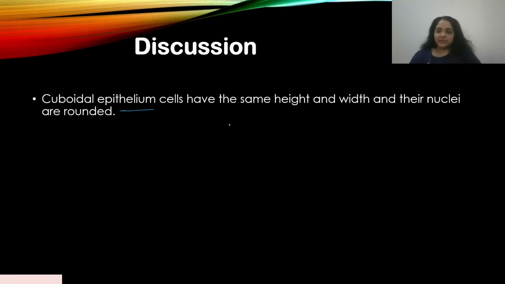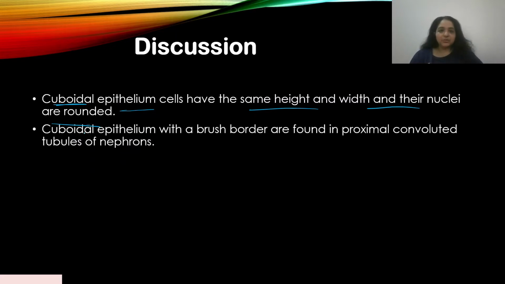So cuboidal epithelium cells have the same height and width, and the nuclei are rounded. Obviously, it comes from the word cuboid. You know what a cuboid is. And the cuboidal epithelium with a brush border is found in the PCT of nephrons. So clear. This is a very factual base, and this information is also present in NCERT.